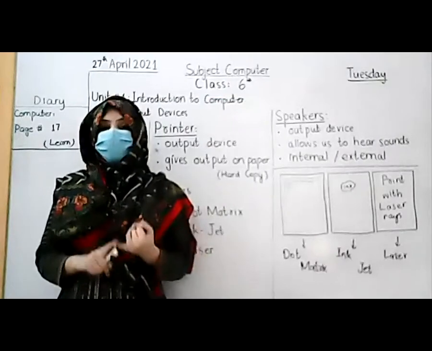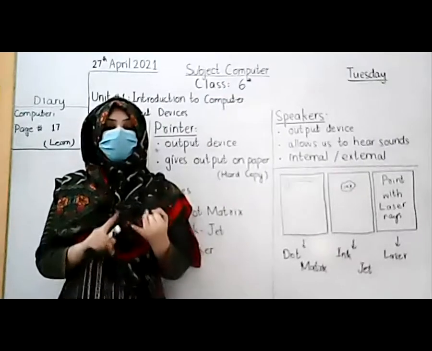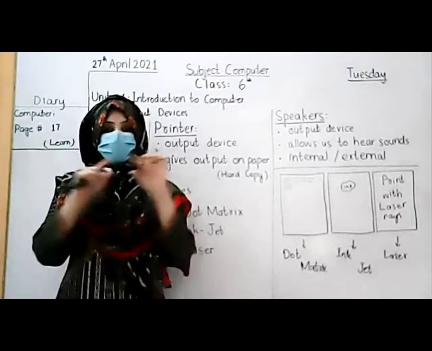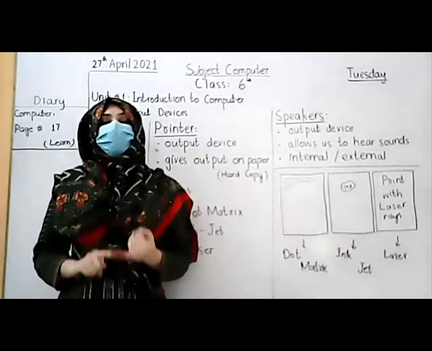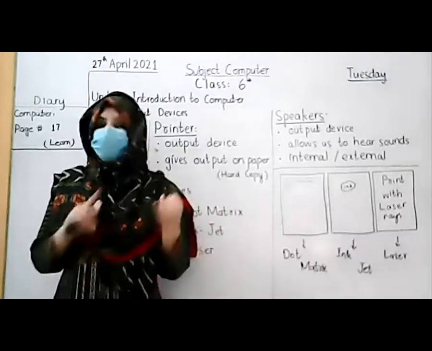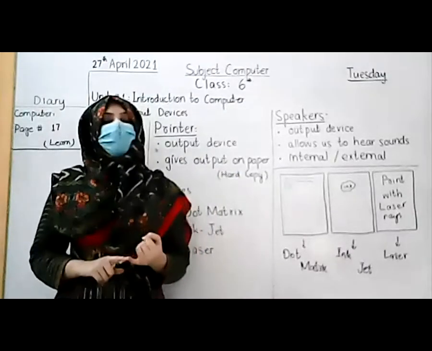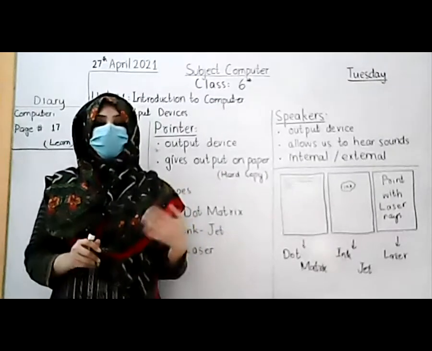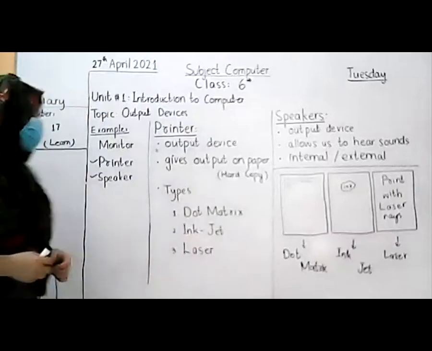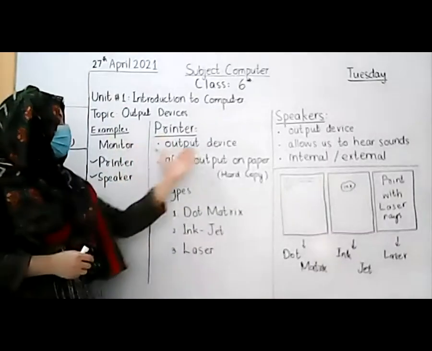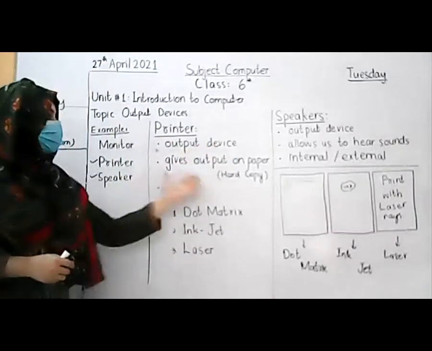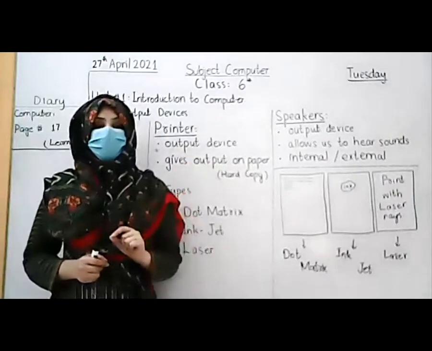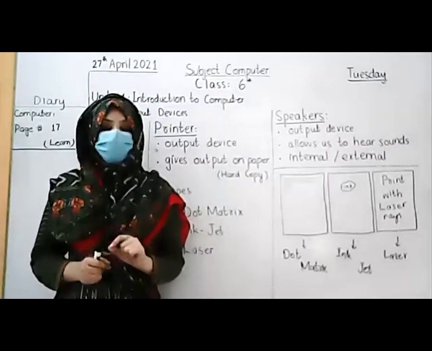First of all, you have to install or attach the printer to your computer using a cable. Then you will pass a command to print that specific page and it will come out on paper from the printer. So a printer is an output device which gives the output on paper, and the output on the paper is called the hard copy.